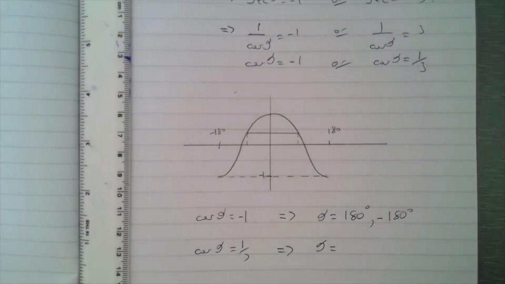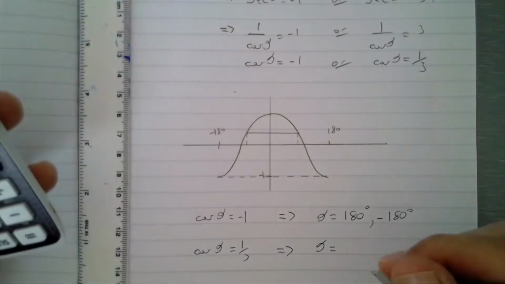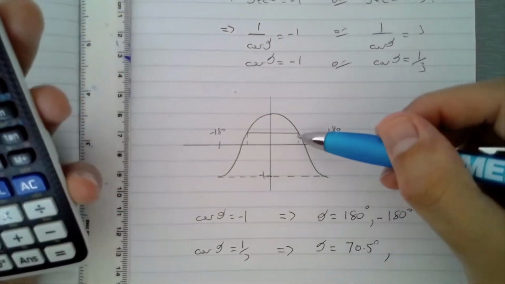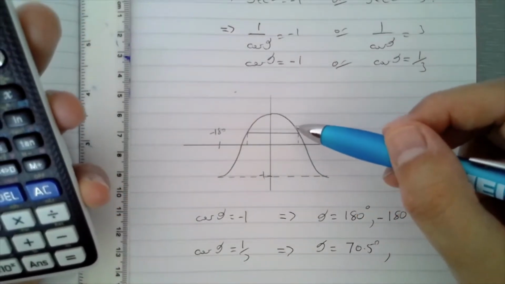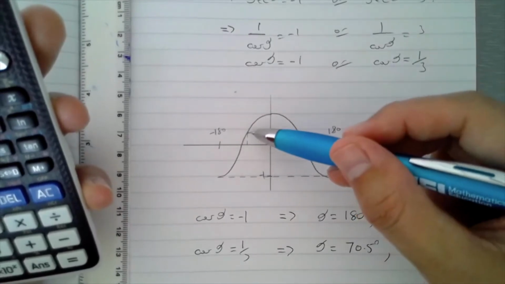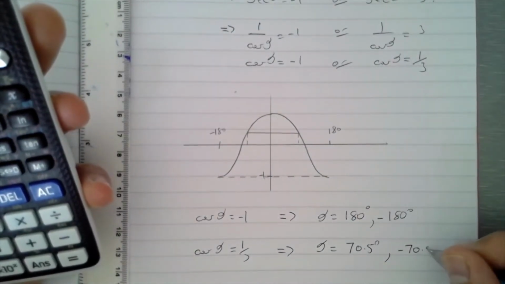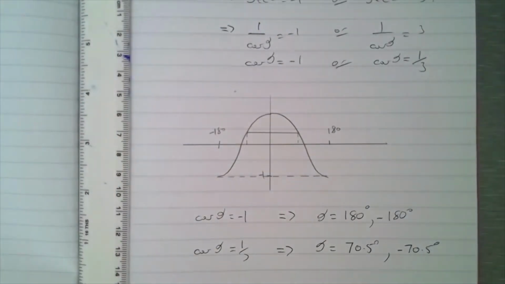Let me check. 70.5, and because of the symmetrical nature of this graph, we'll also have minus 70.5 degrees. So the solutions to this are these.